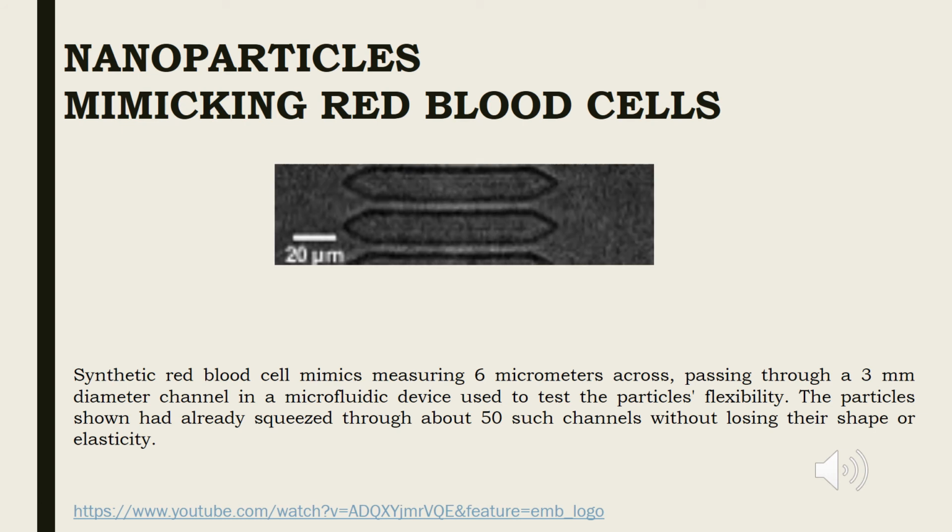In the short clip on the slide, we see particles which measure 6 micrometers in length passing through a membrane half their width. They mimic red blood cell shape and consistency in that they are flexible and foldable.